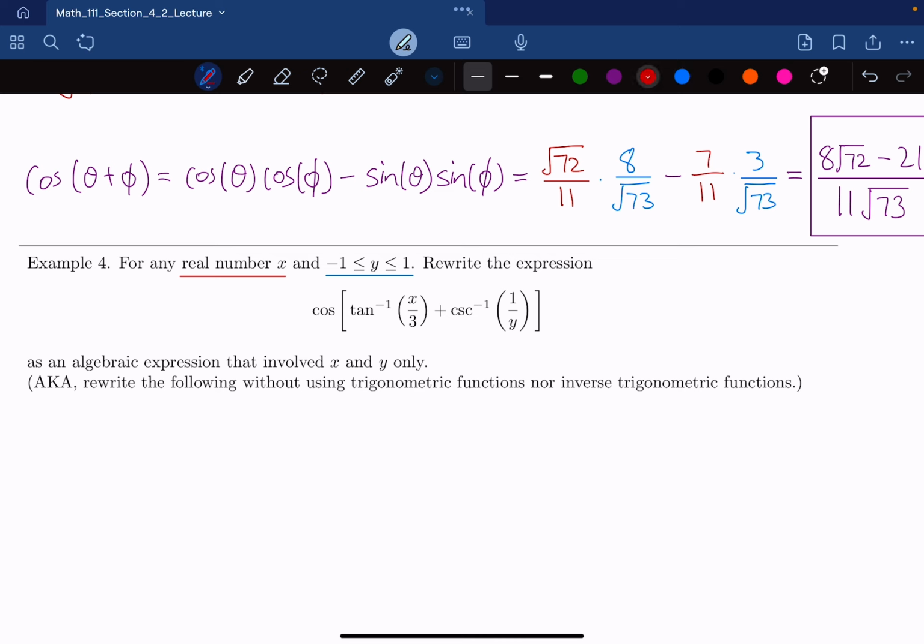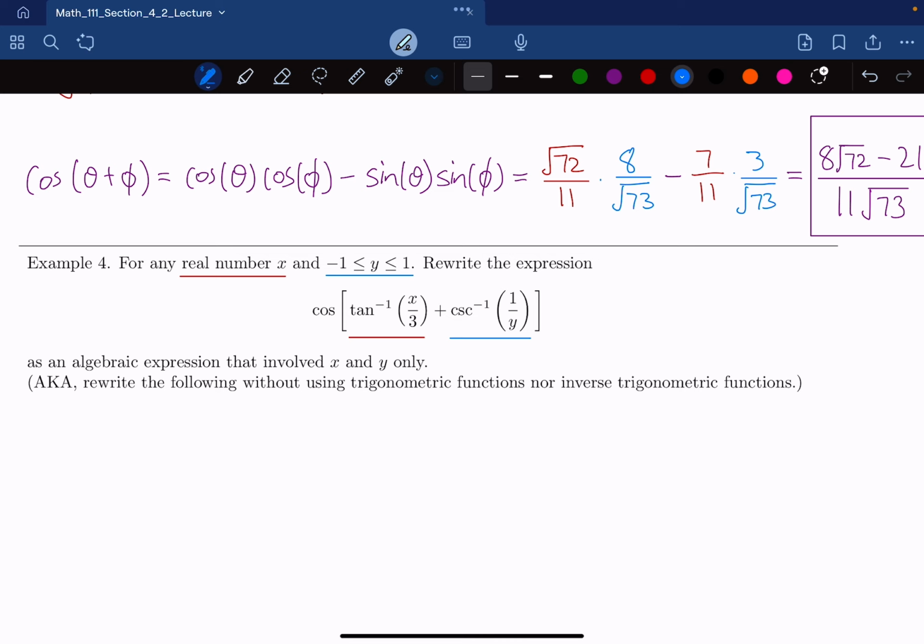That is only to satisfy this expression of the tangent inverse, which has domain all real numbers, and then the cosecant inverse function, which has domain -infinity to -1, union 1 to positive infinity.